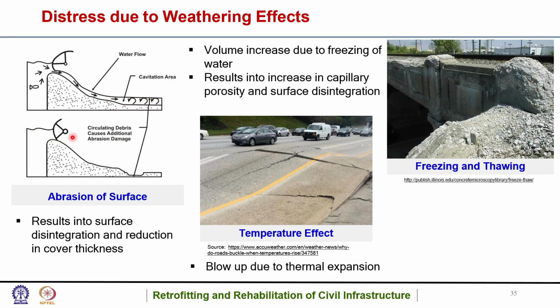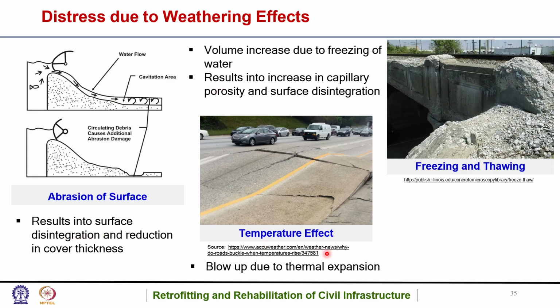And if in that flow there is circulating debris also, say this structure is a concrete structure, and water is flowing over it with cavitation, and there is big or small debris, that will cause additional abrasion damage. Here the damage was less, here it is much higher. That is basically the weathering of the surface, it is abrasion. Abrasion of the surface results in surface disintegration and reduction in cover thickness.